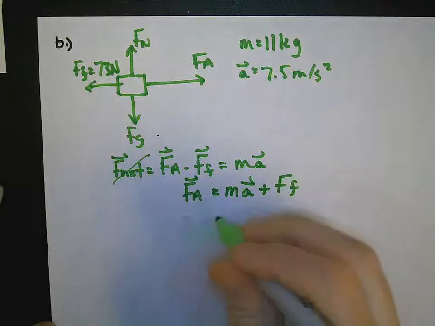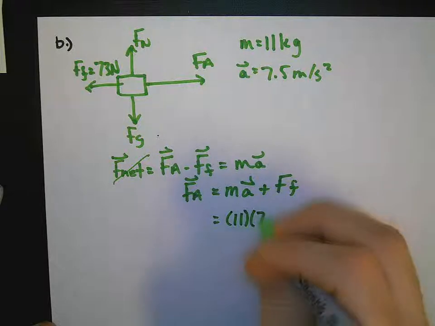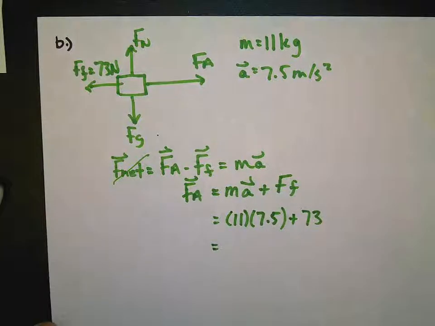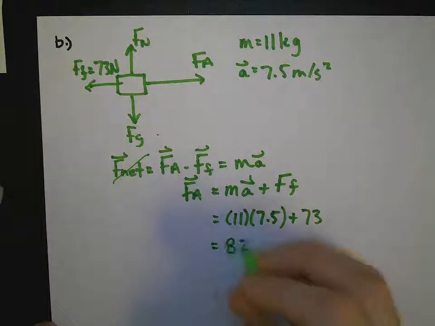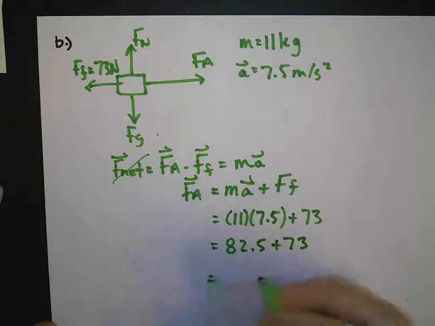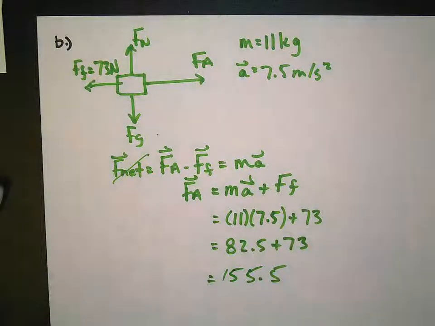So that's going to be 11 times 7.5 add on 73 newtons. So that's 82.5 plus 73, and that will be, quick mental math in my head right now, 155.5 newtons.